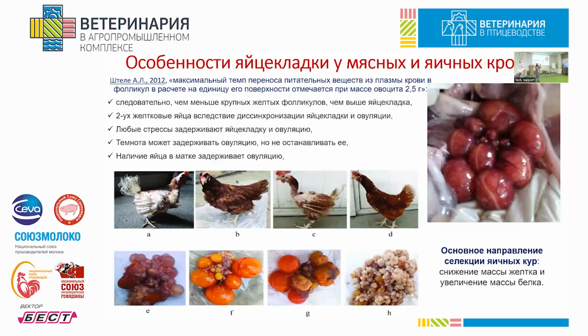And that means that the entire layer genetics are aimed at reducing the yolk and increasing the albumin. So the yolk weight goes down while the albumin weight goes up, because that ensures fast development of an egg.